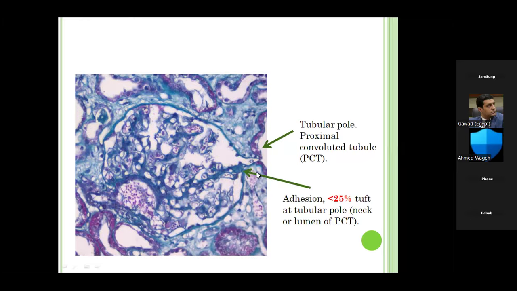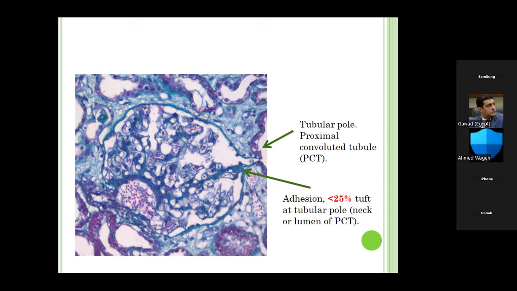And this depends mainly on the cut, on the serial section where the cut is. The cut can detect this hilar pole and tubular pole, or not. So if it's not presented in one of the serial cuts, it will be seen as an NOS, rather than termed the tip lesion.